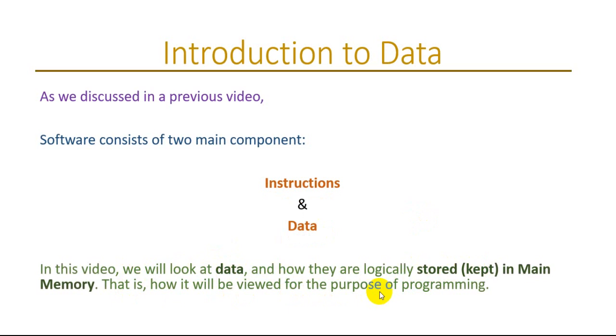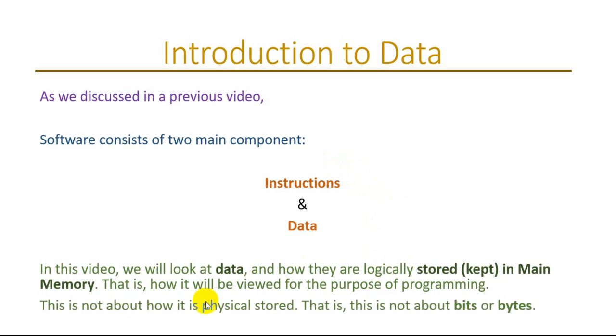So what are we talking about as data, how is it stored in the memory, and how do we look at it? This is what we are trying to do in this session. This is not about how it is physically stored, that is, not about bits and bytes.